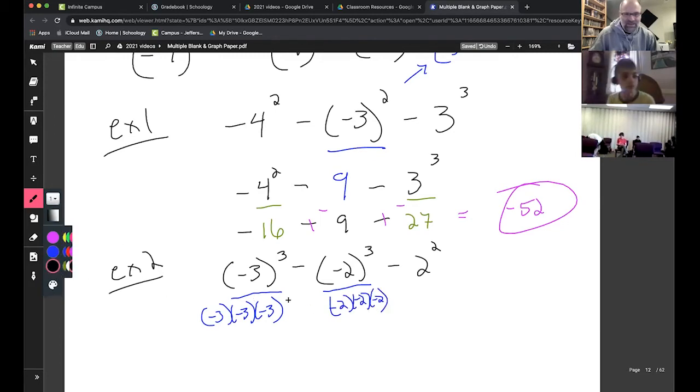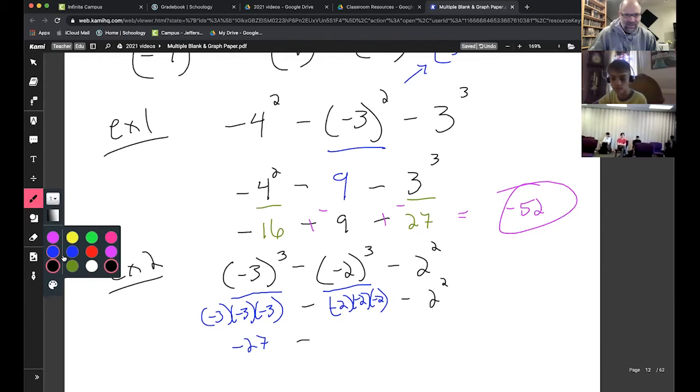Everything else is just left alone. Don't touch it. So we get negative 27 minus negative 8, because a negative times a negative times a negative, that's 3 negatives multiplied. So that's a negative. And then this is minus 2 squared.